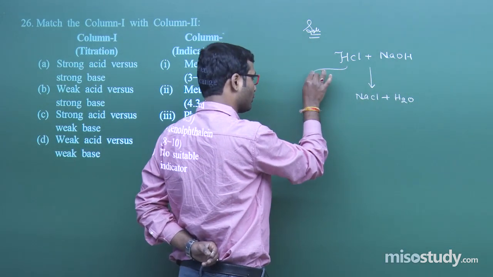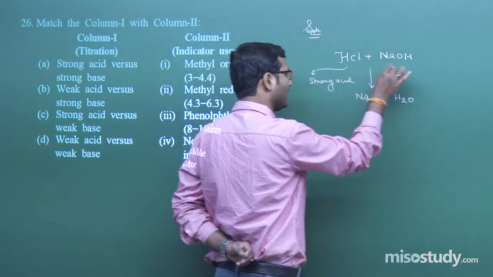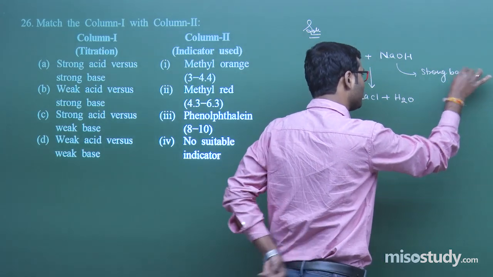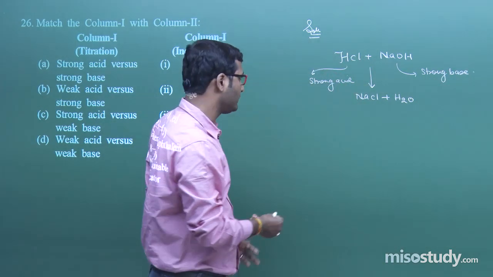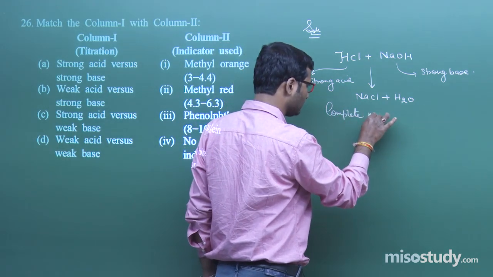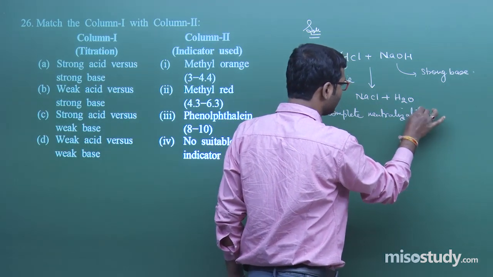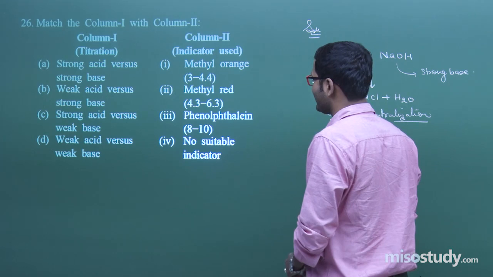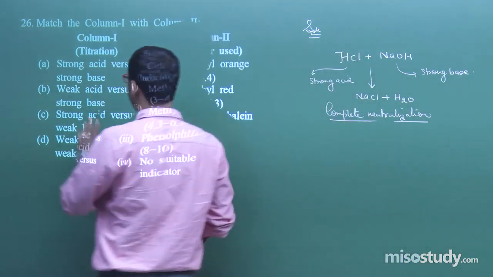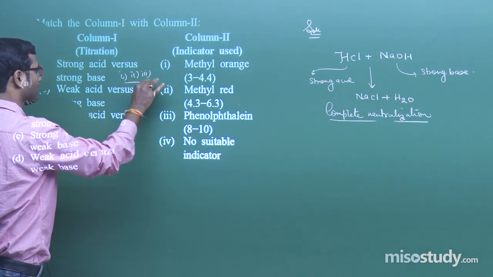When we take strong acid and strong base, then in this case we know complete neutralization takes place, and you can use any indicator, that is methyl orange, methyl red and phenolphthalein. This is the case. So for question number 1, 2 and 3 are the correct options.